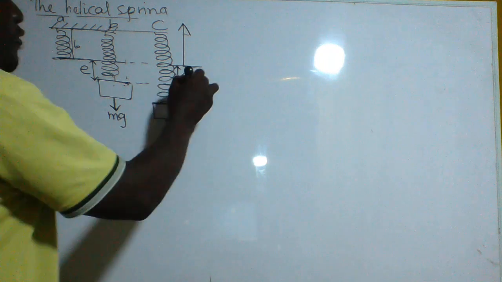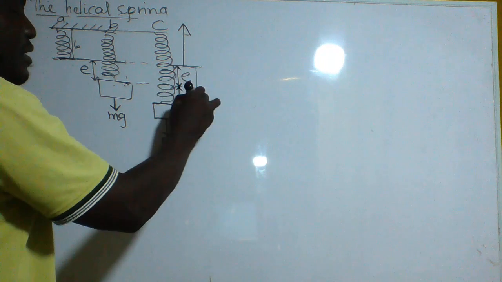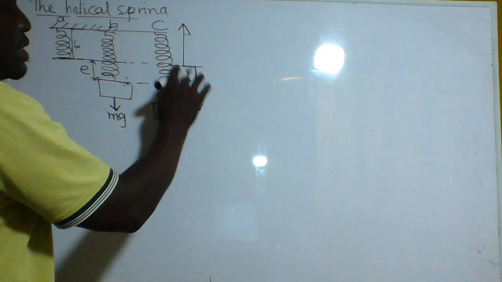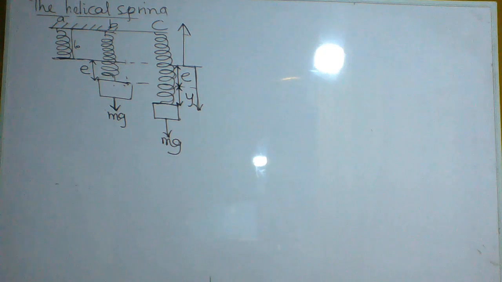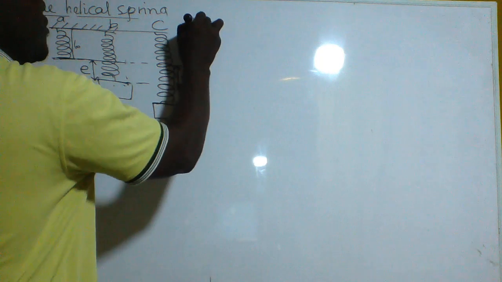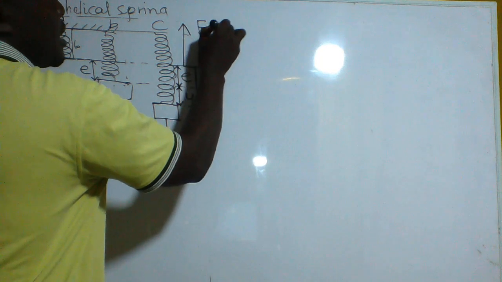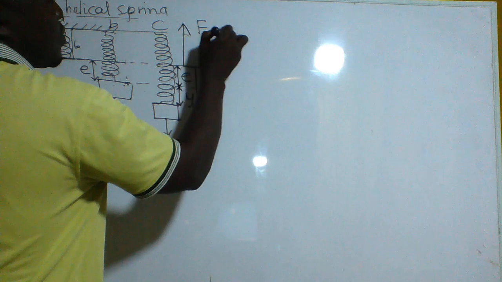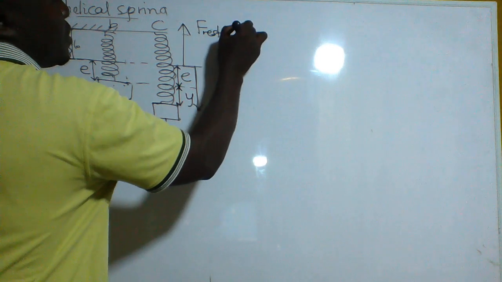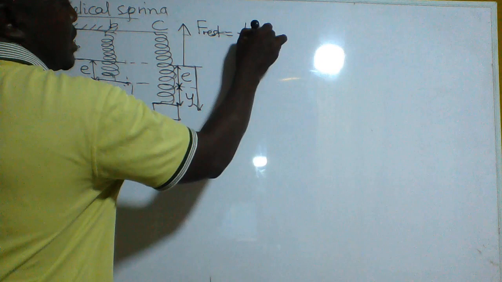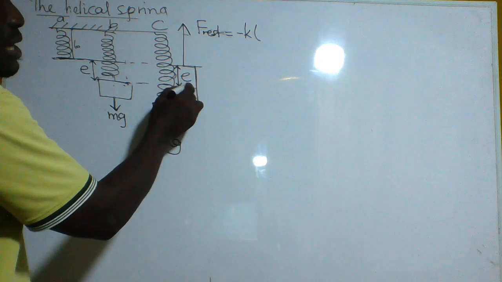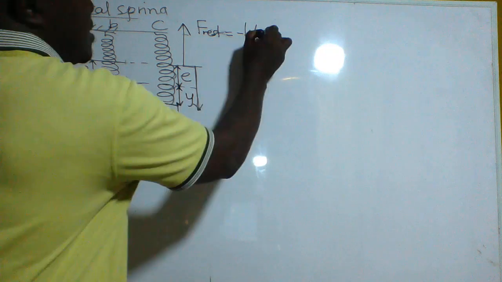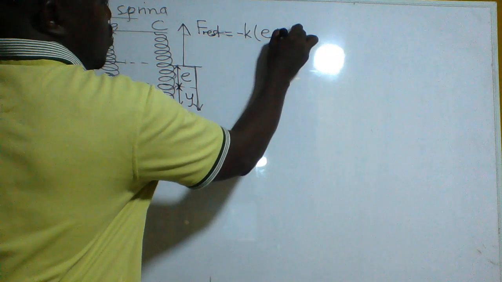So the restoring force, which will act against the direction of the extension e by the weight and the extension y by the stretch, would be F restoring equal to minus k times the displacement. Here the displacement, or the extension, is equal to e plus y.